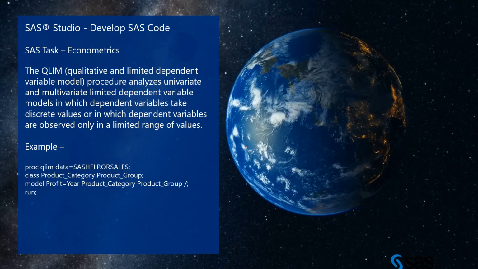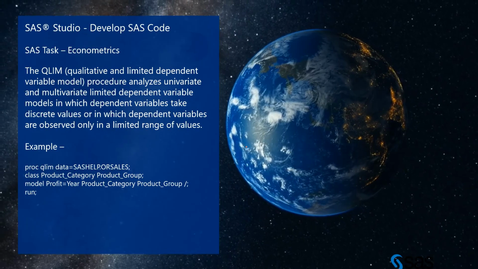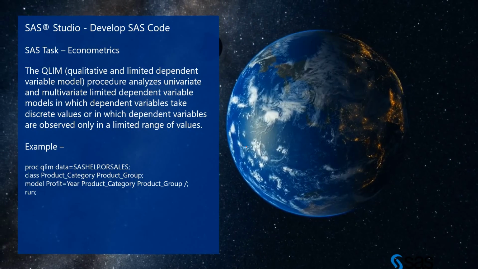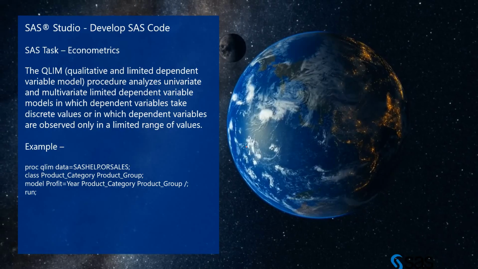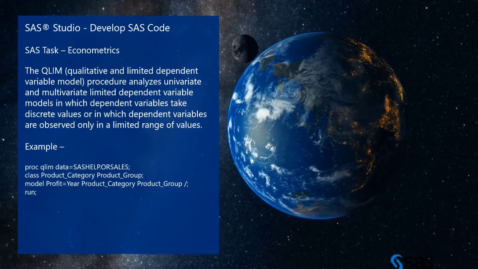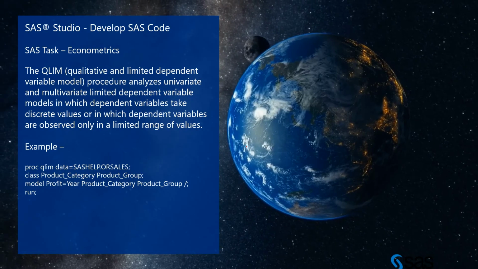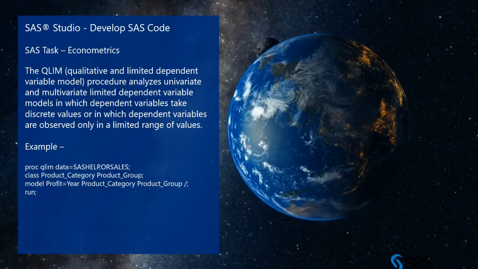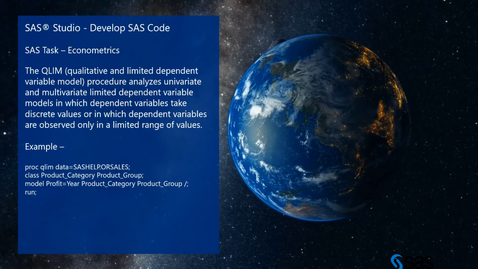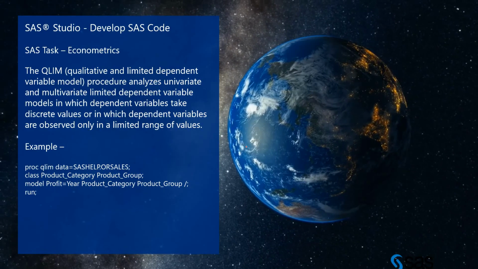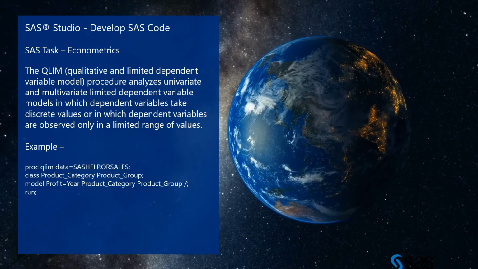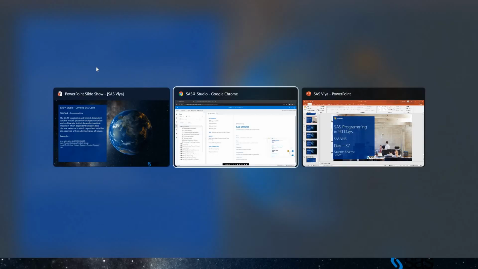The procedure analyzes univariate and multivariate limited dependent variable models, in which the dependent variable takes discrete values or observes a limited range of values. So let's see what QLIM is and how we create the model with the SAS task in econometrics.